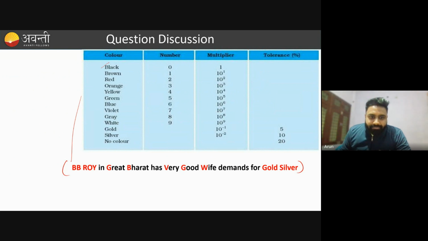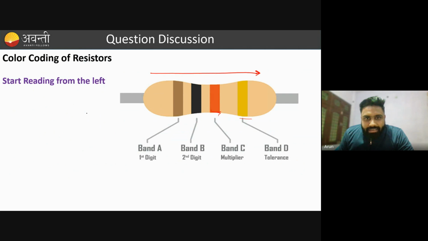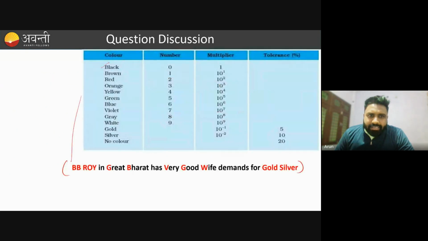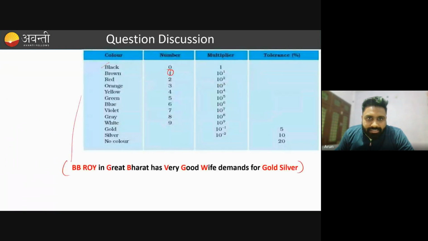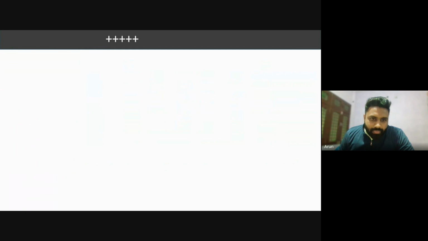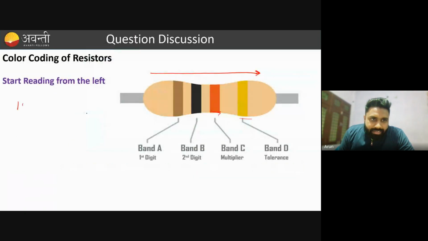So how do you write it? Look, the first color, let's say this color is brown. So for brown, the digit is 1. So write 1. The next color is black. For black, the digit is 0. So write 0. Write 1, 0. Then you have to multiply it with this color. Let's say this is orange.